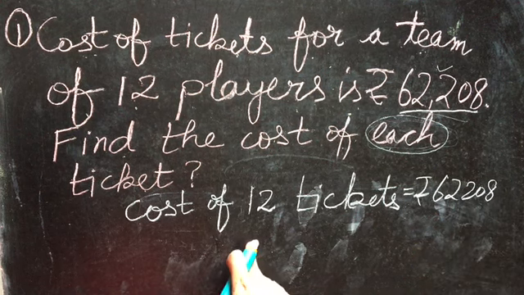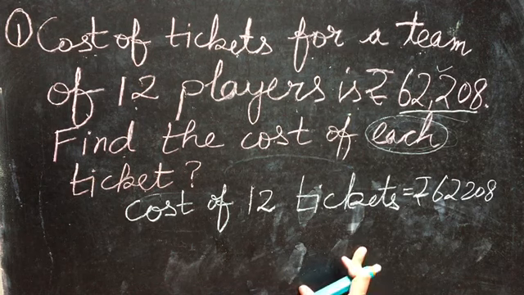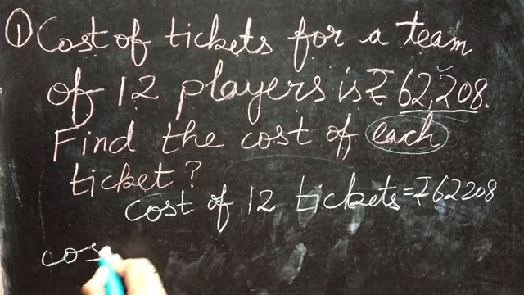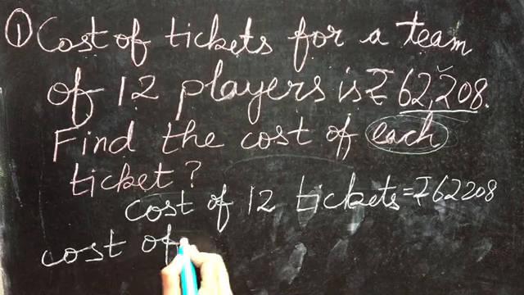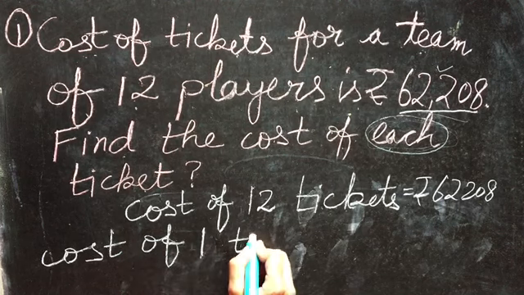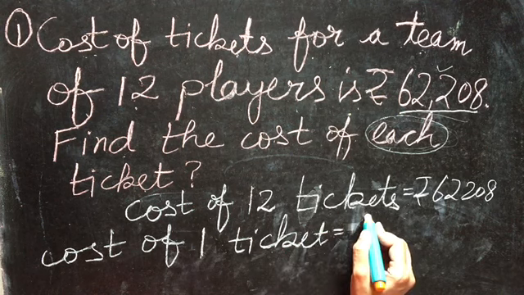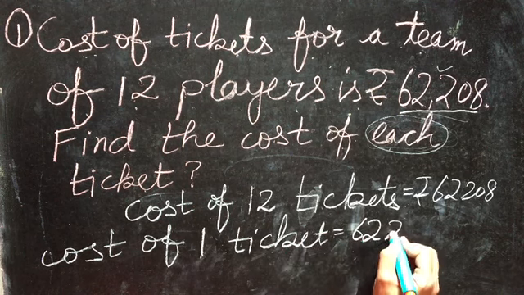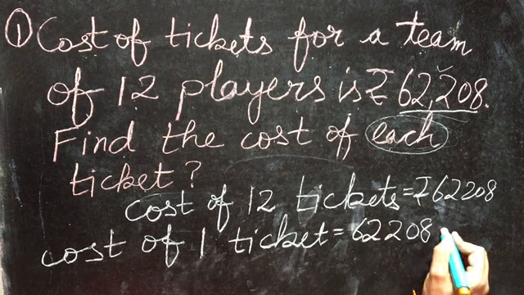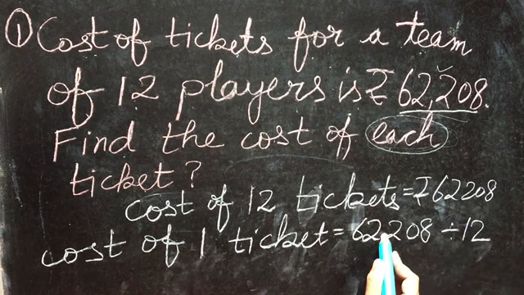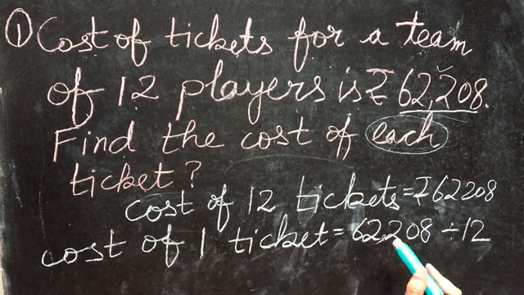So, cost of 12 tickets and cost of one ticket is equal to 62,208 divided by 12, fine. So, by dividing it by 12, we can get the cost of one ticket.